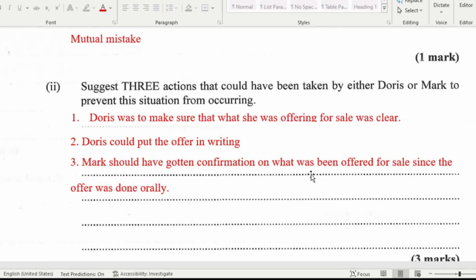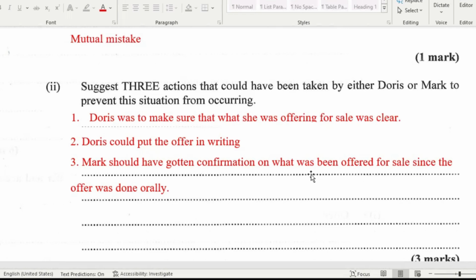There should have been no confusion. 2, Doris could put the offer in writing. So when she put it in writing, of course, it will give detail of what exactly she's selling. 3, Mark should have gotten confirmation on what was being offered for sale, since it seemed as if the contract was made orally. The agreement, since it seemed that the offer was made orally.